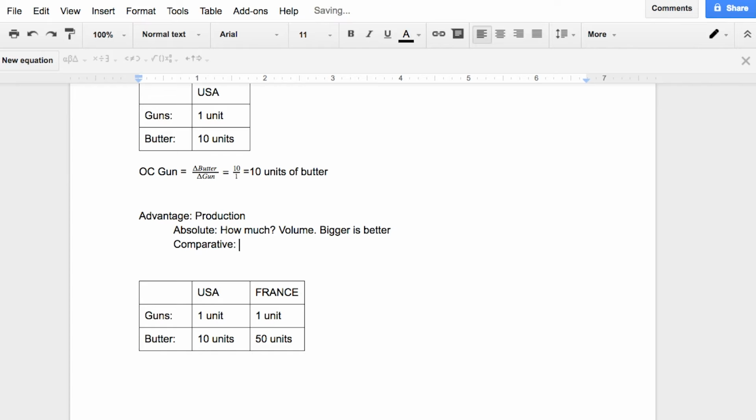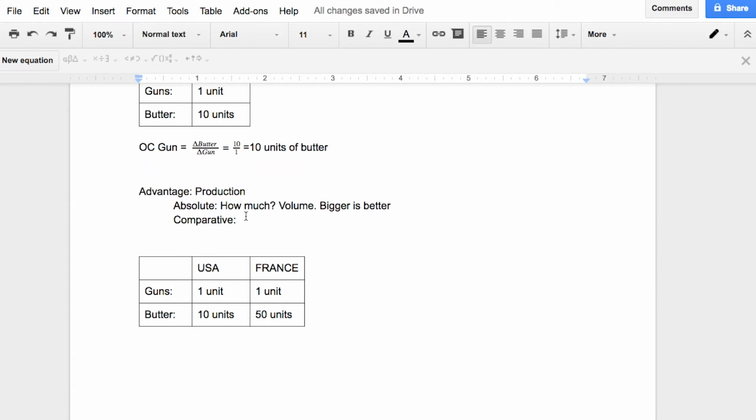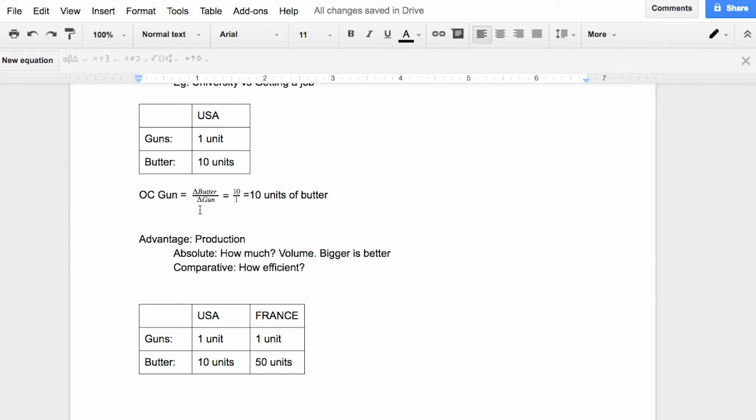Comparative advantage is a little bit trickier. It's almost the opposite. How efficient are you at producing something? Can you produce something with giving up less of something else? So we already calculated the opportunity cost for a gun in the US, and the numbers are the same. So using some quick logic, you'd find that the same is true here. You can do the same math.